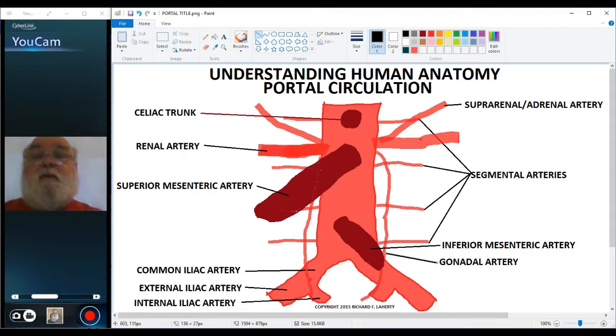So there we have the three unpaired branches, the celiac trunk, the superior mesenteric, and the inferior mesenteric arteries.